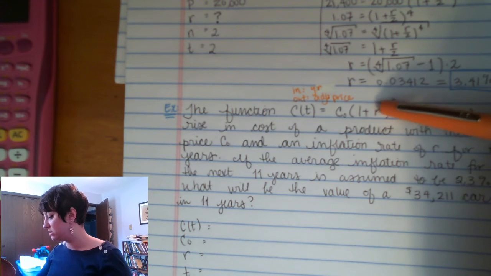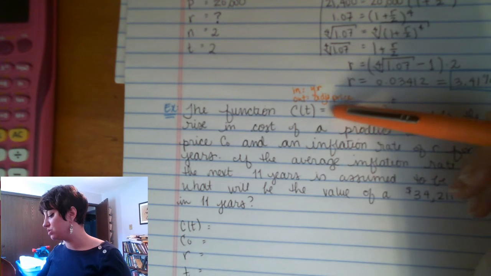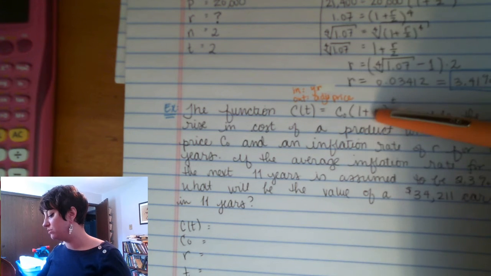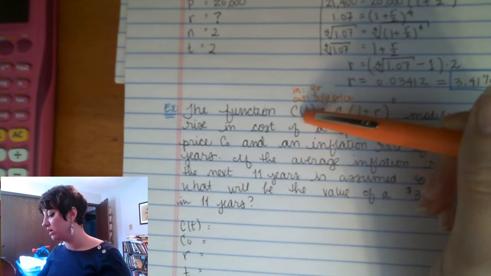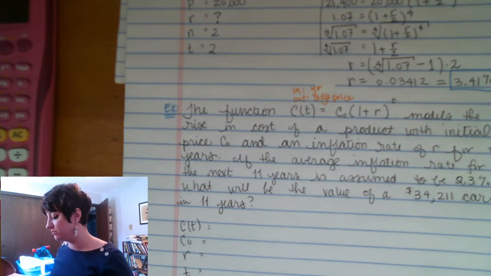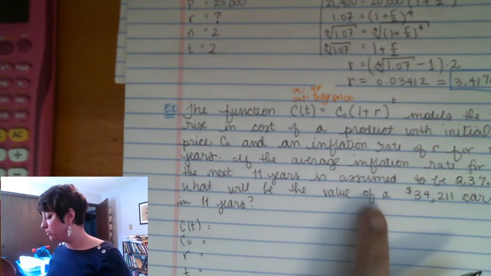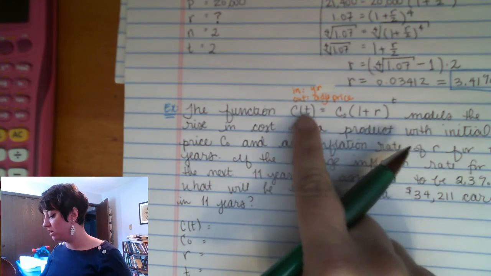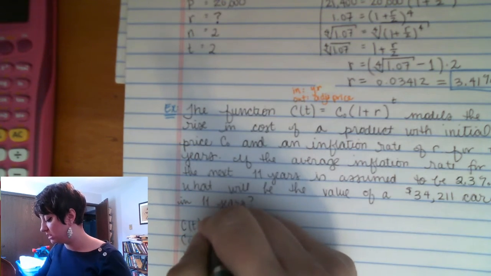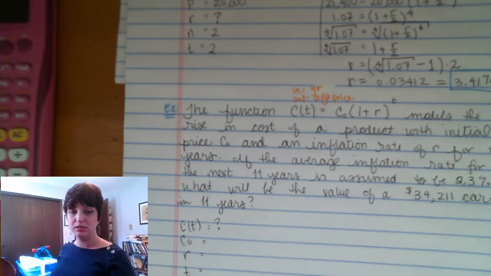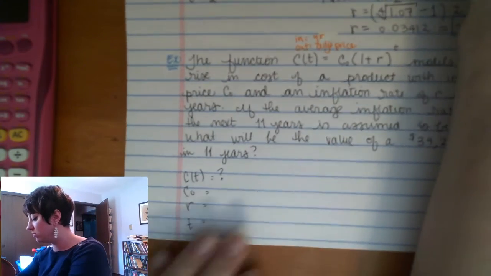Now I do have these what are called parameters of C naught and R. That just means I can change the inflation rate, I can change my starting price, but once I have those set, this function actually only takes in the number T. So I want to know what the new value is going to be. That means I want the C of T. C naught is the price I start with.